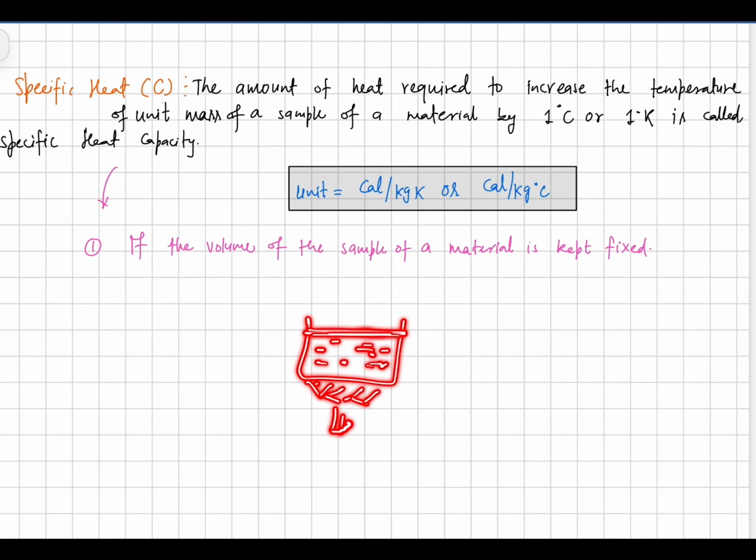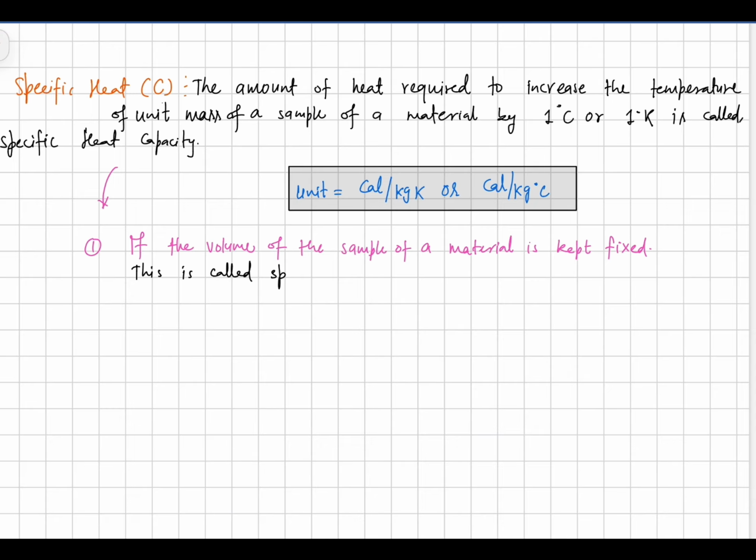The volume is fixed. So this is known as the specific heat at constant volume.